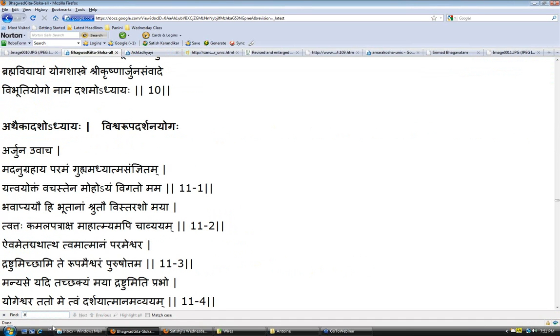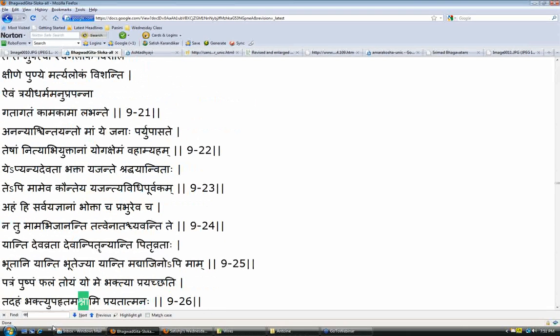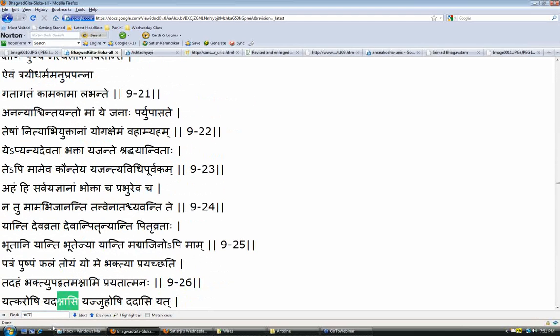Yat karoshi yadashnasi. So ashnasi. Karoshi yadashnasi. Ashnami. Here Ashnami comes also in 926. Ashnasi comes in 927. So dhatu ash. Then here what we have is the dhatu ash with the nich pratyaha.